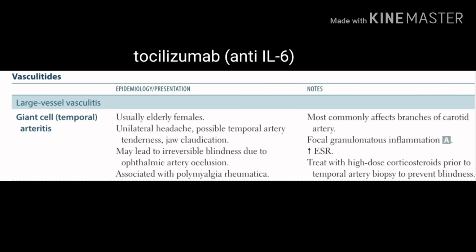That is how we remembered, right? So may lead to irreversible blindness due to ophthalmic artery occlusion, and that's why we painted the eye black. Associated with polymyalgia rheumatica, so girdle pain, may most commonly affect branches of the carotid artery, and that's why there was a carrot in which the woman was walking.